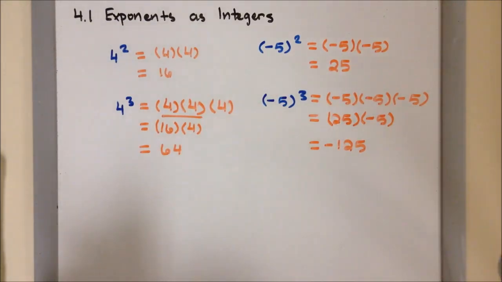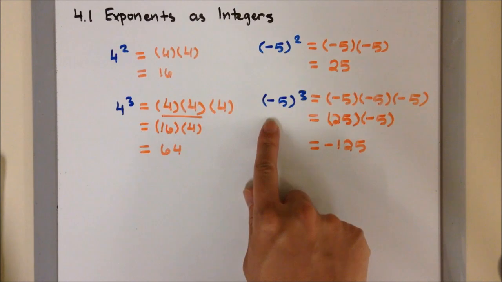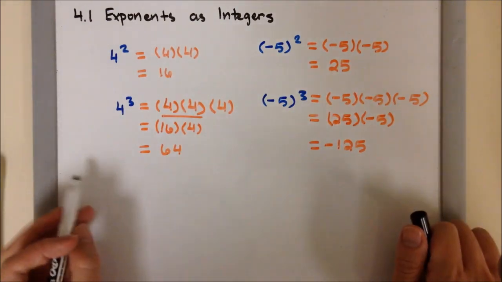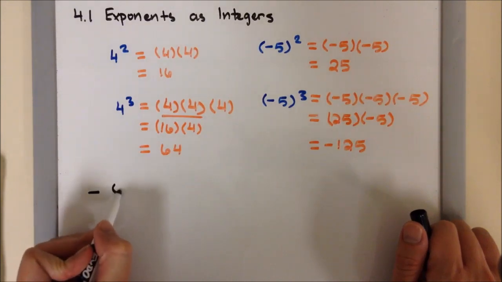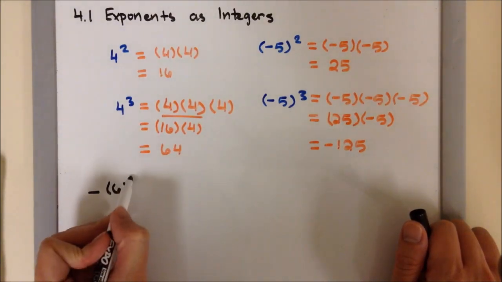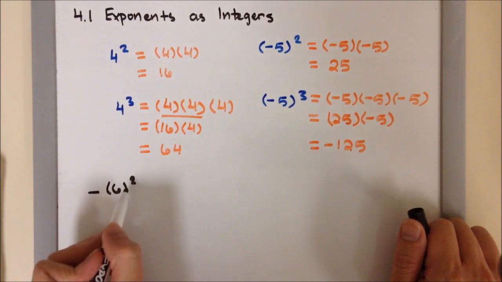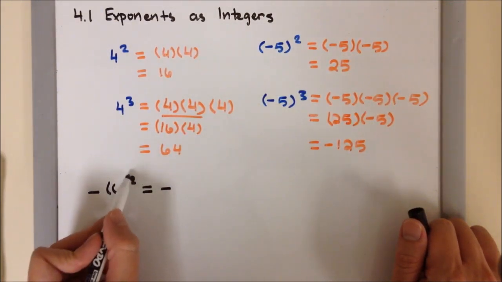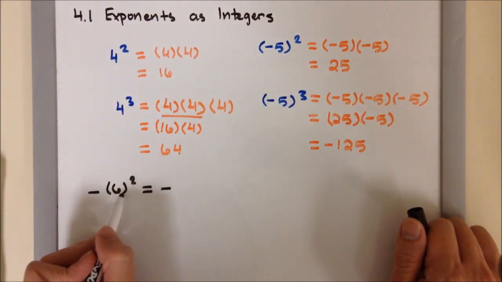For example, take a look at the parentheses I wrote on my negative exponents. Say I had a negative 6, but the parentheses is on the 6, and the square is on the outside. So this is what I mean. My negative is on the outside, but I'm only squaring the number that's inside the parentheses.